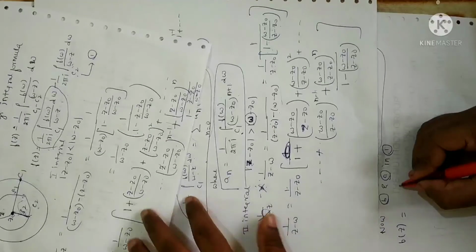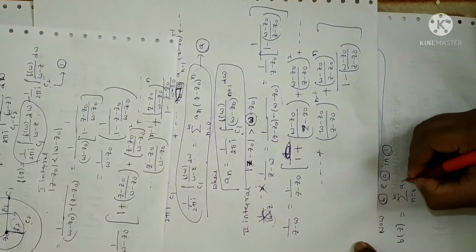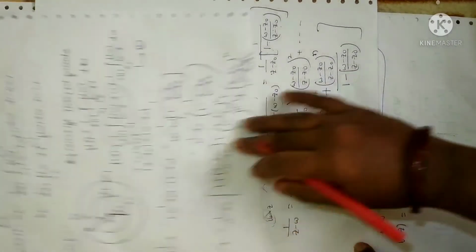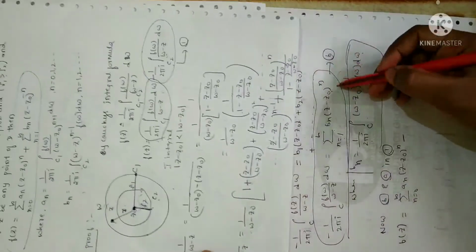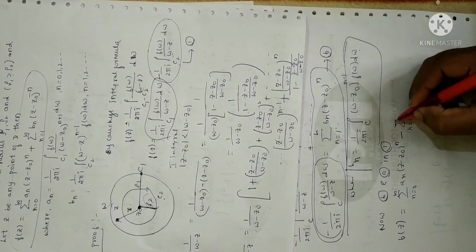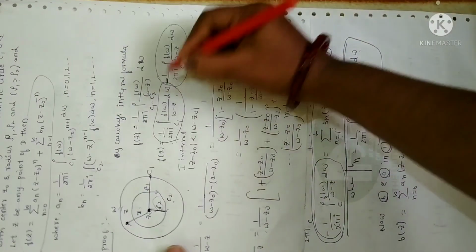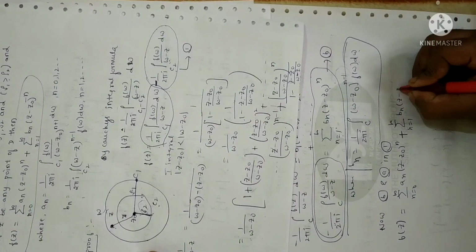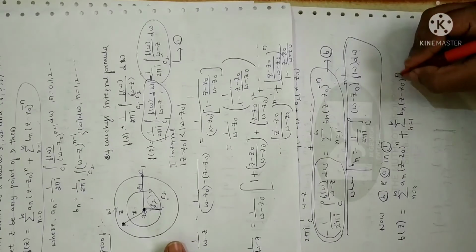So I can write this as summation n is equal to 0 to infinity an into (z minus z naught) to the power of n, minus, overall, this expression whose value I have obtained in equation B. See here, this expression is summation n is equal to 1 to infinity. So minus of this value, and we have minus already, so minus of minus will become plus bn into (z minus z naught) to the power of minus n.